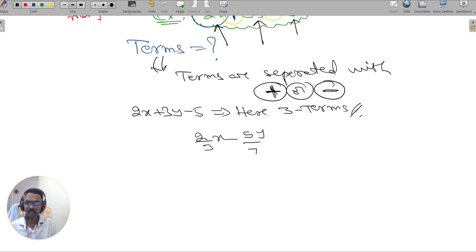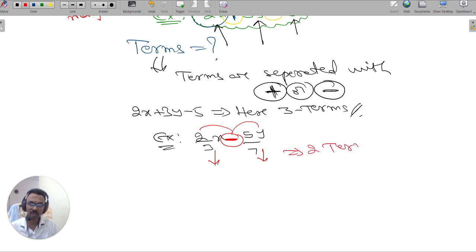See, in this example, how many terms are there? Here the operation is negative. This is separating. Then how many terms are there in this? Two terms are there. I think you understood about the terms.